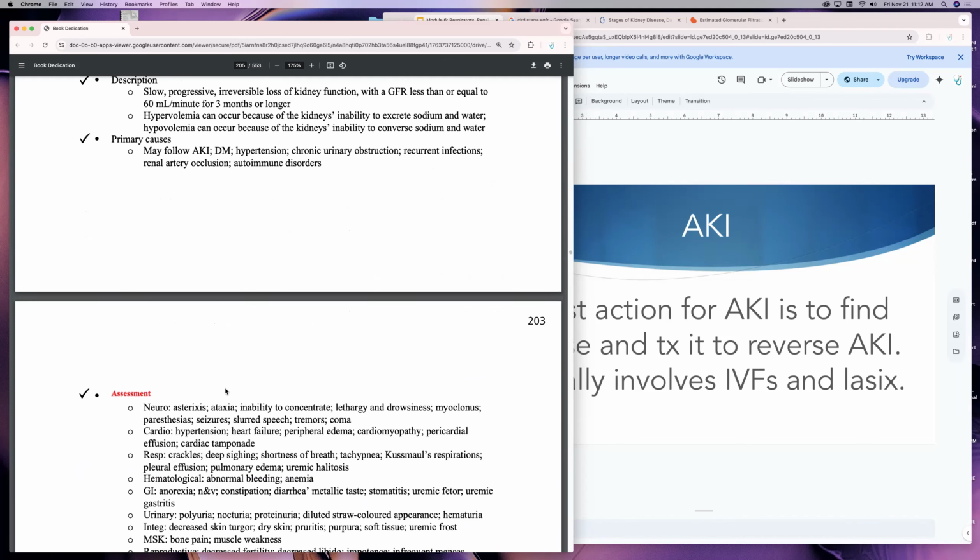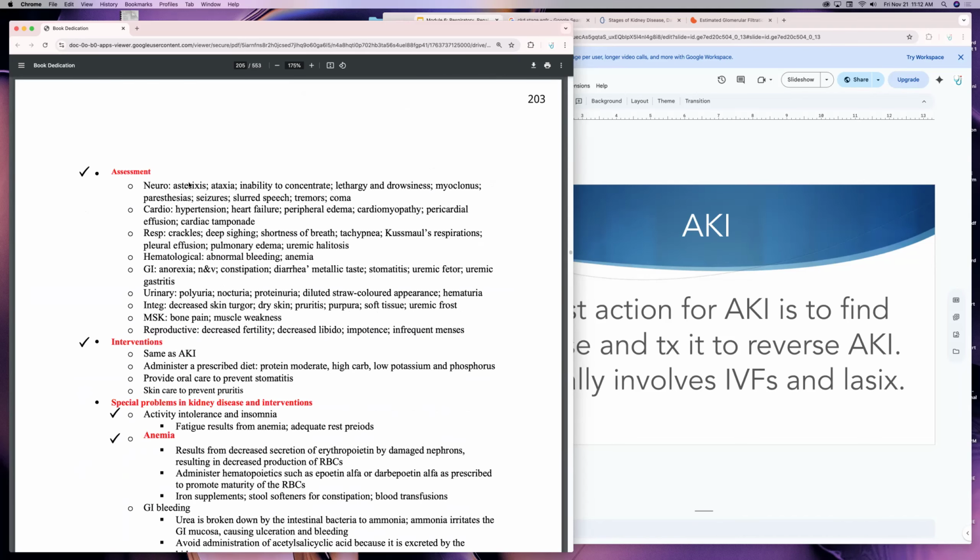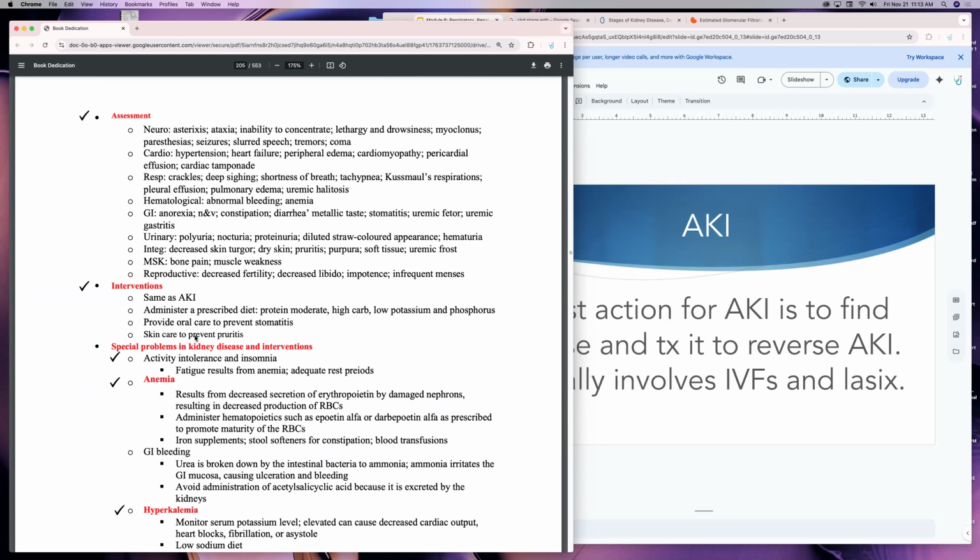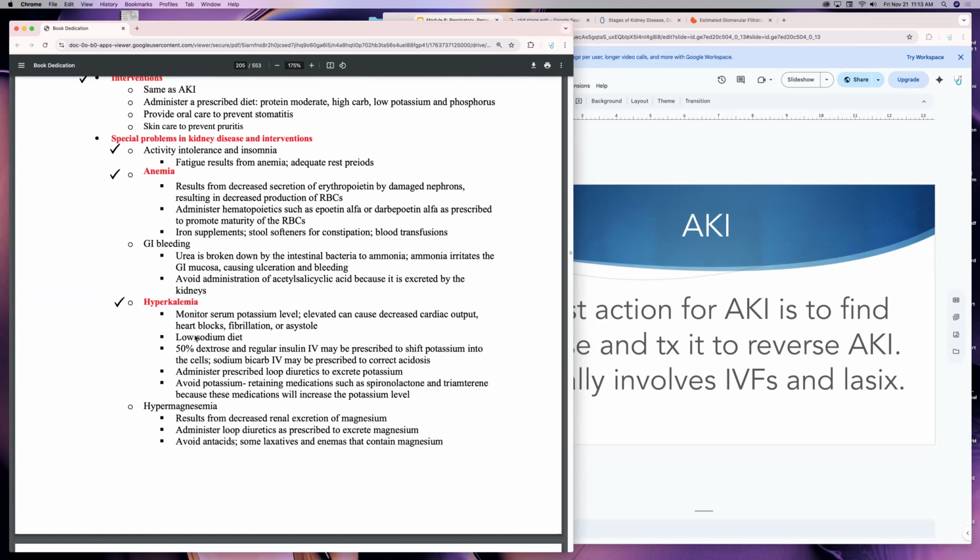So there are some things that you need to know for your NCLEX. On page 203, where it says assessment, please study that for homework. We're going to go over some of the important ones, but please, please, please study that for homework. First up, let's go over the section that says special problems in kidney disease.